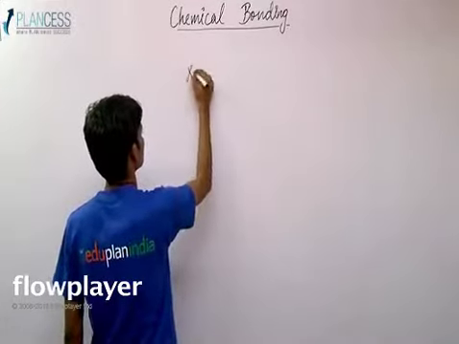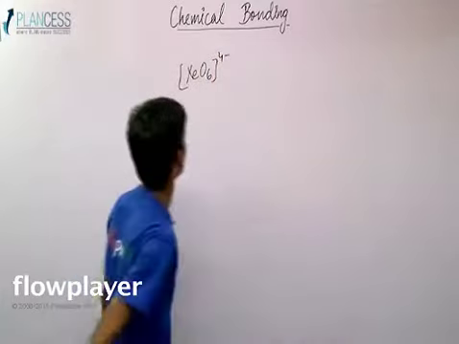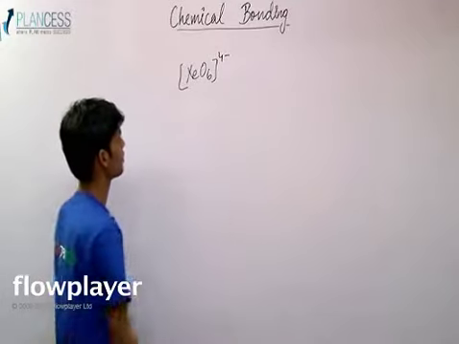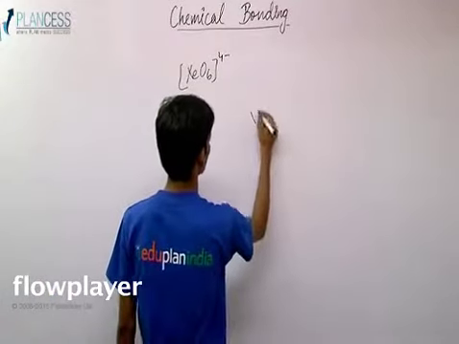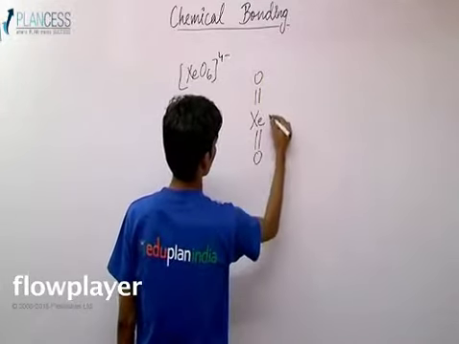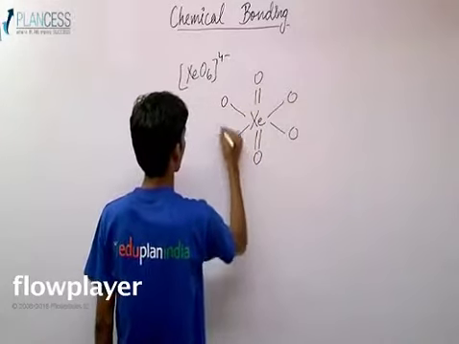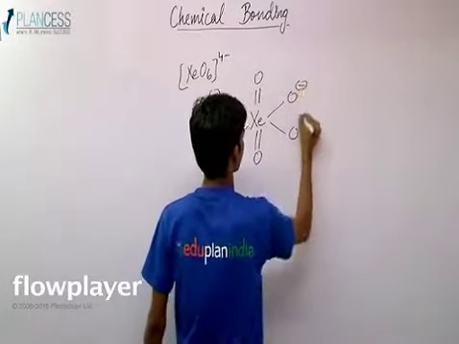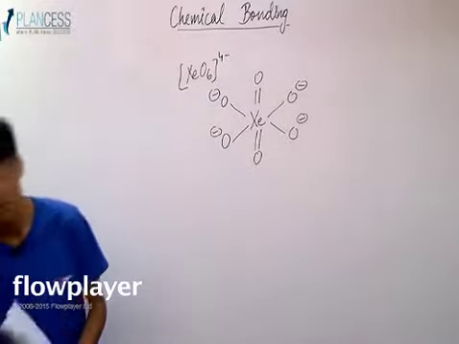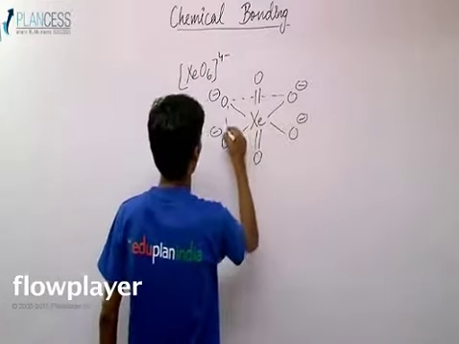Let's take a new example, XeO6 4-. It is one of the compounds in which the noble gas is reacting with oxygen. XeO6 4- would have a structure like this, where xenon is bonded to oxygens, and each O has a negative charge on it, forming a planar arrangement.